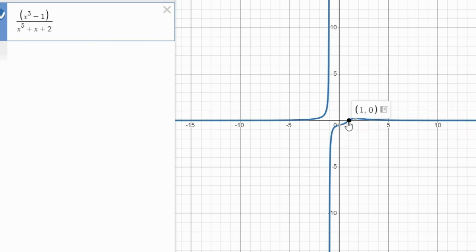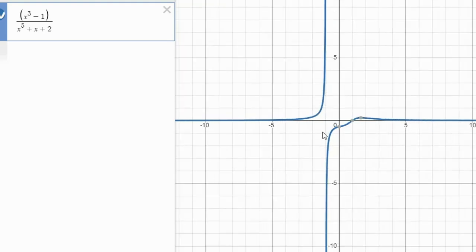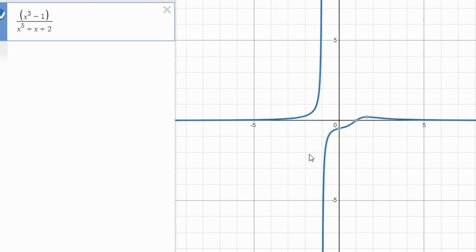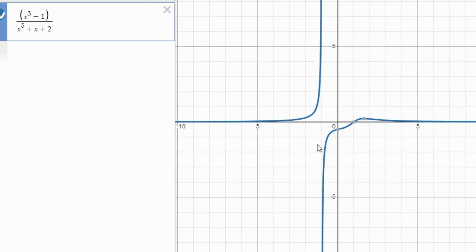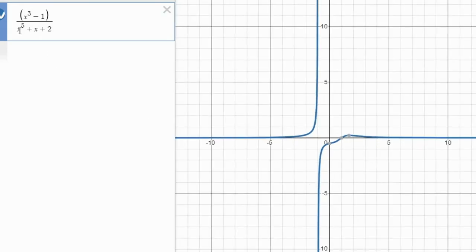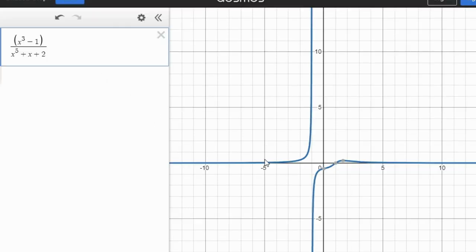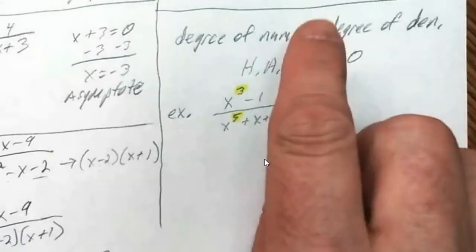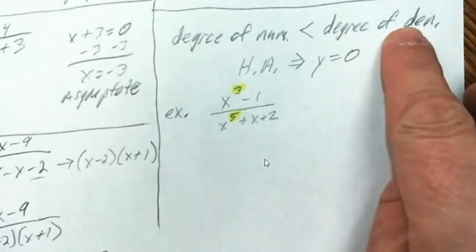It comes above it again here on this side, but then it comes back down and approaches 0. There's a horizontal asymptote. Now there's a vertical asymptote at -1, due to how all that factors out. Because -1 to the 5th would be -1 plus a -1 plus 2. So -1 plus -1 would be -2 plus 2. But we see the horizontal asymptote is there. That's what I mean by the degree of the numerator is less than the degree of the denominator.